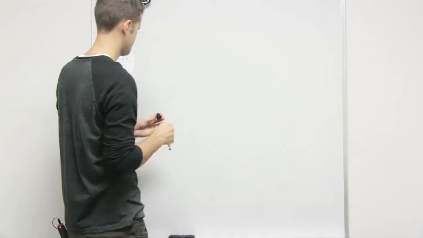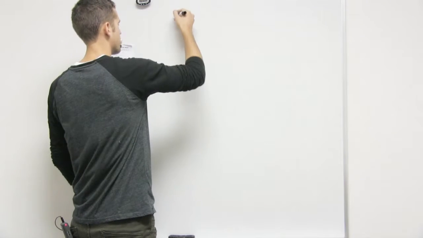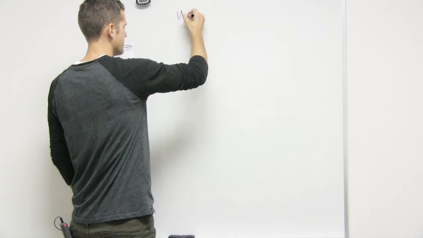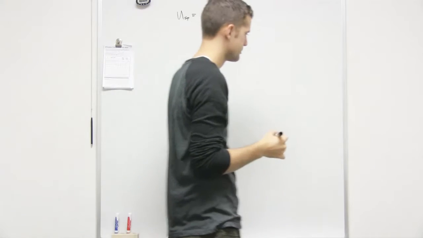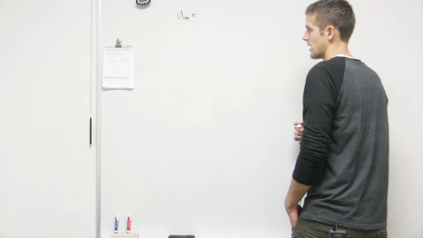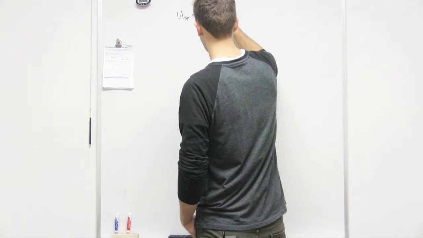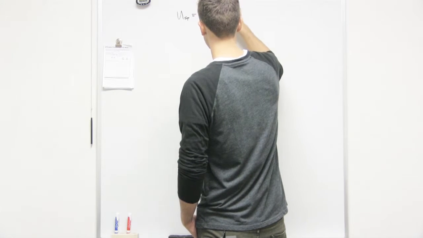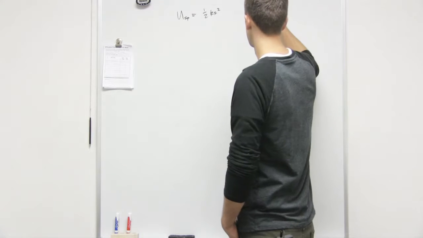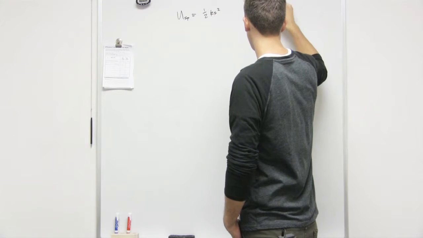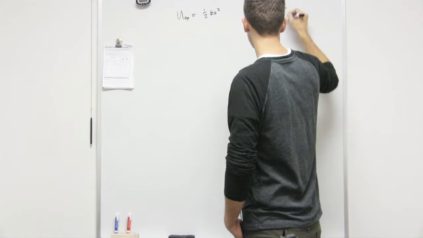And the equation for it: U spring, so U is for potential energy, is equal to 1/2 k s squared. This is kind of like kinetic energy being 1/2 m v squared.